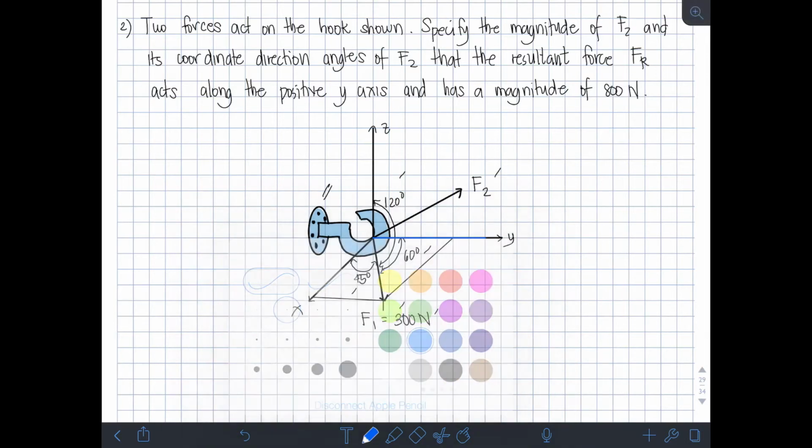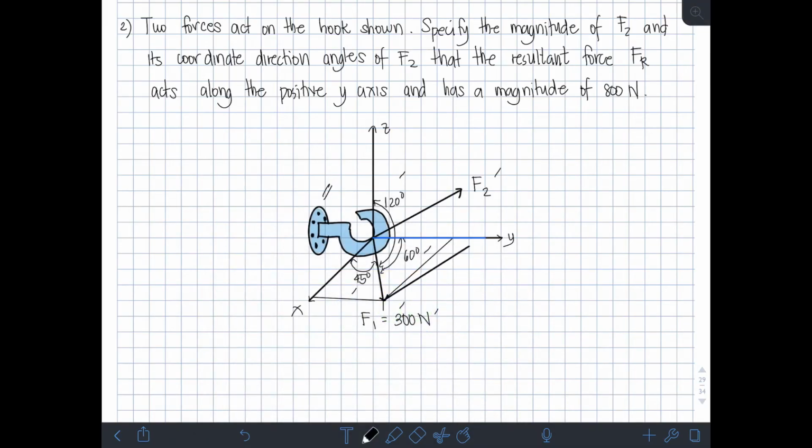So, therefore, pag dinraw natin yun, let's say ito yung resultant nitong dalawang vector. Okay? Tapos, applying parallelogram rule, idodraw ko yung parallel dito na F2, tapos yung parallel dito na F1. Okay? So, alam natin na kapag naghahanap tayo ng resultant, i-add lang natin yung bawat included na force vectors dun sa system. So, parang Fr is equal to F1 plus F2, right? Bale, malalaman natin tong value nitong Fr kasi along the positive y-axis lang naman siya, tsaka may magnitude siya na 800.